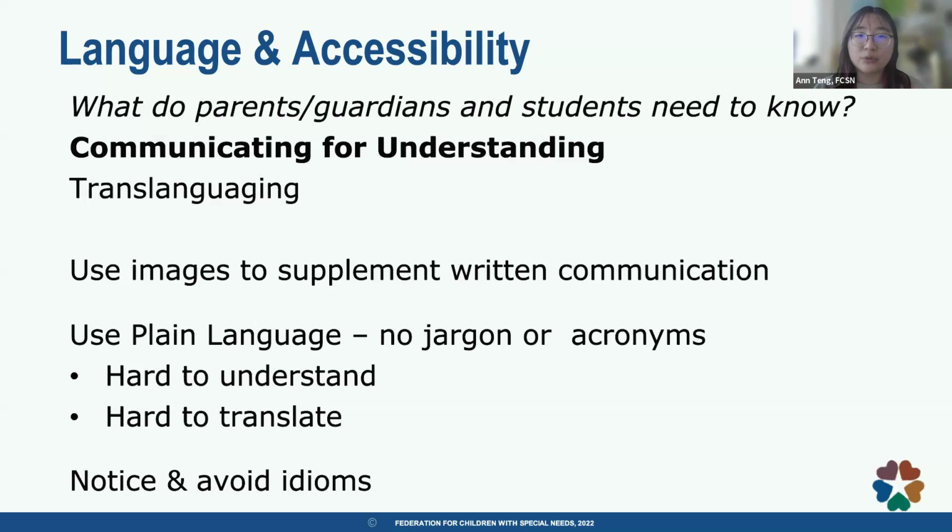A couple ways to really utilize translanguaging outside of the typical usage of translation, interpreters, and also cultural brokers is also to use images and plain language. We really wanted to specify the use of plain language because a lot of the time when translating things over, such as the basic needs resources, and if we're speaking to folks, especially English learners with disabilities, on things such as IEPs, the translations of these acronyms and jargon do not come across the same way as they would in another language.